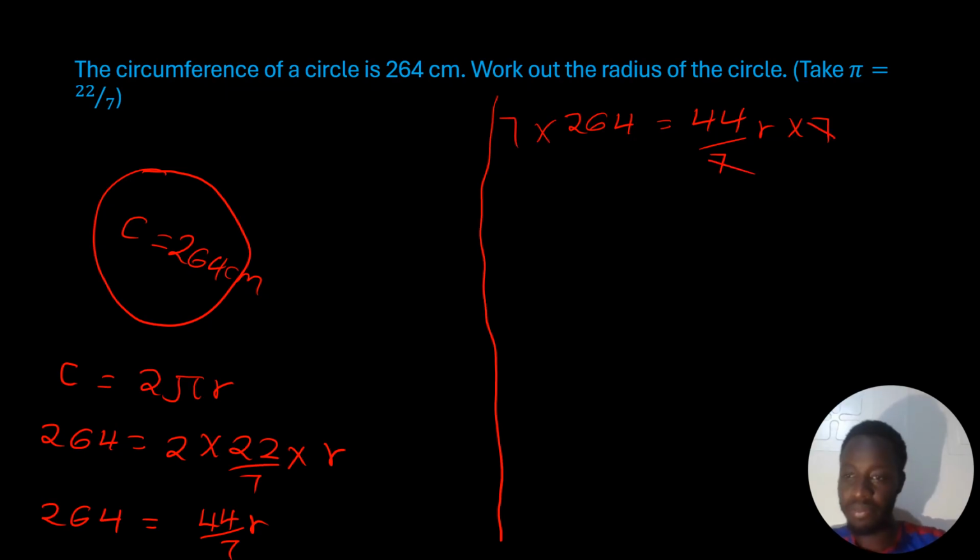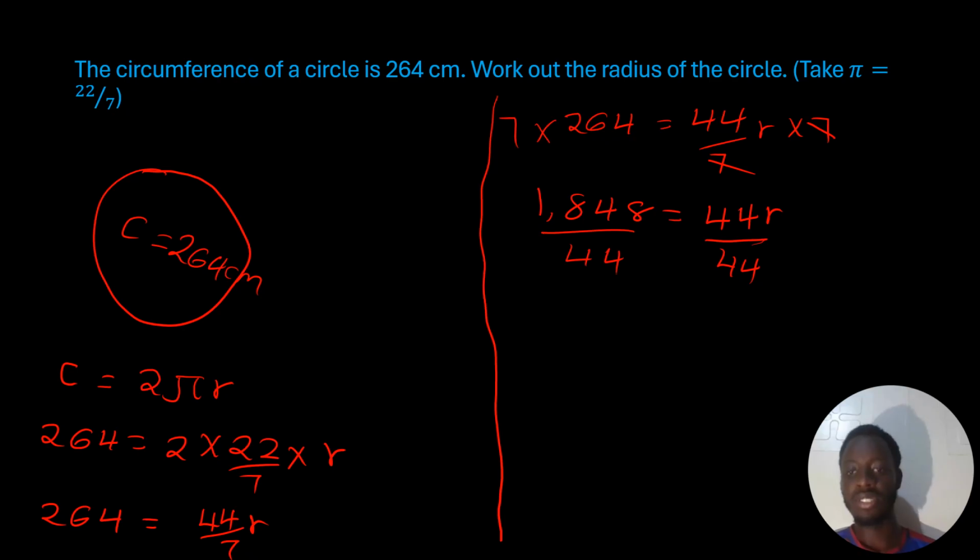So we have 264 times 7. So that is 1848 is equal to 44r. For us to find the value of r, we divide both sides by 44. So this one will cancel with that one.